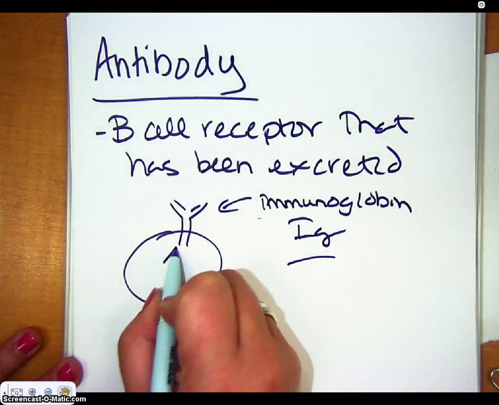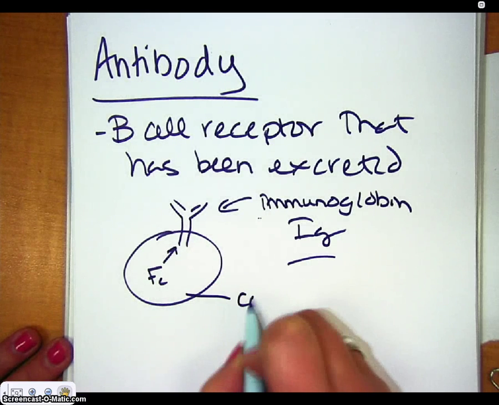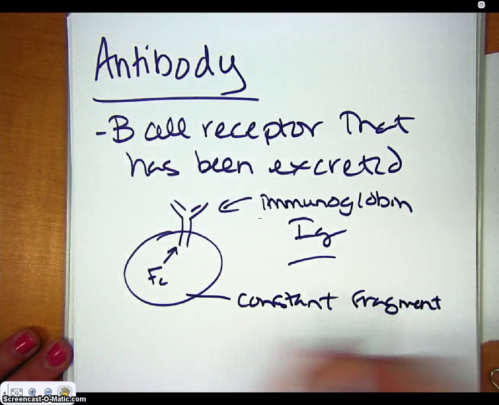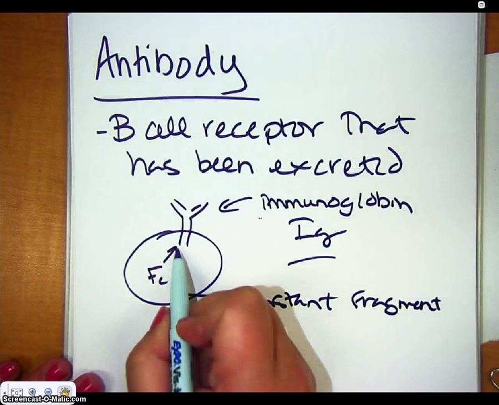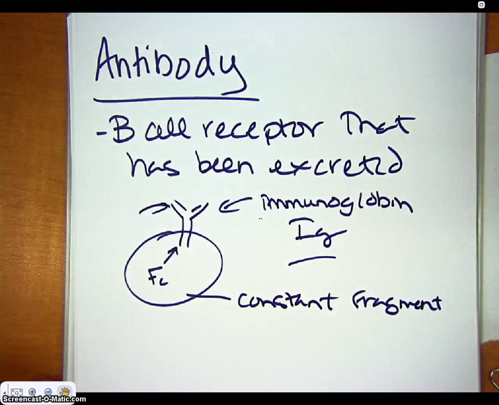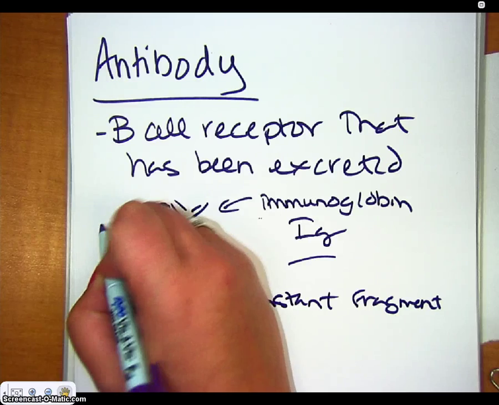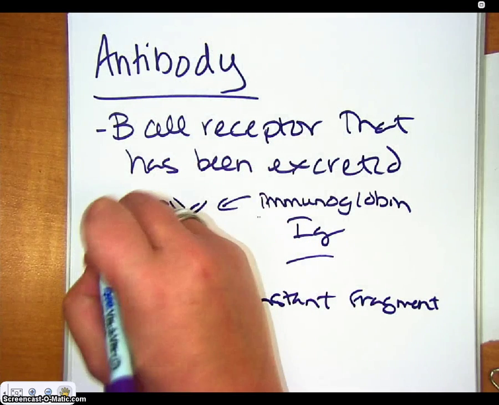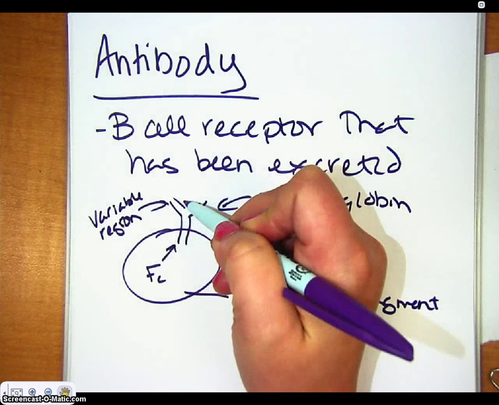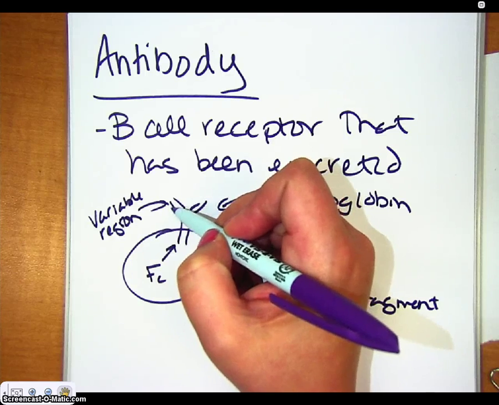And remember that they have this end that is called FC, or the constant fragment. So for every single B cell receptor for that specific person, this end is going to be exactly the same. And then on this end of the immunoglobulin, or the B cell receptor, you have the variable region, and this is where we get that sort of random genetics that allows for a high degree of specificity in the hands here.